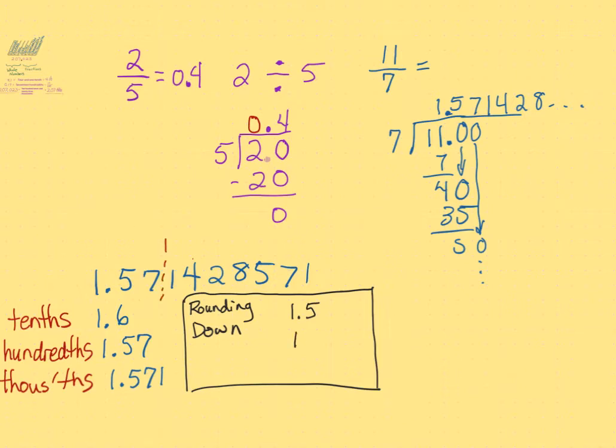Rounding down, it would remain 1.57, as would the last one, 1 and 571 thousandths. So 1 and 5 tenths, 1 and 57 hundredths, and 1 and 571 thousandths. Are there cases when you might want to round up?